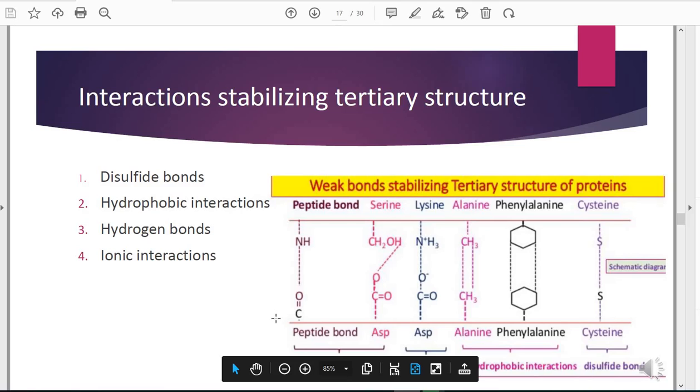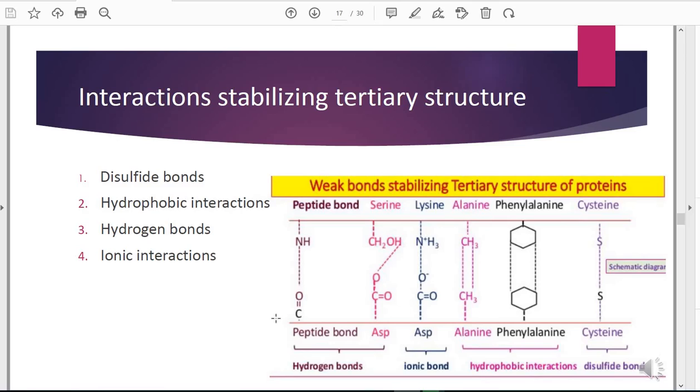Let's see the bonds that stabilize the tertiary structure. احنا قلنا each level of the protein structure have specific bonds stabilizing it. There are four types of bond stabilizing the tertiary structure. It includes the disulfide bond we mentioned before in the beta bond or the beta loop.